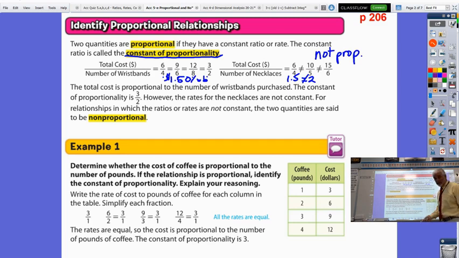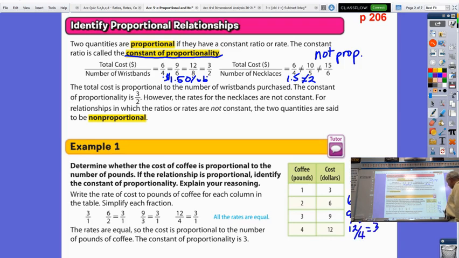So how do you determine if a relationship is proportional or not? You divide, you find the unit rates or ratios, and you see if they're all equal. You can do them all as simplified fractions, or you can divide them with a calculator and get them all as decimals, okay? So in this one here, it's coffee. You're buying coffee for a certain number of dollars, right? So this is $3 divided by 1, $6 divided by 2, 9 divided by 3, 12 divided by 4.